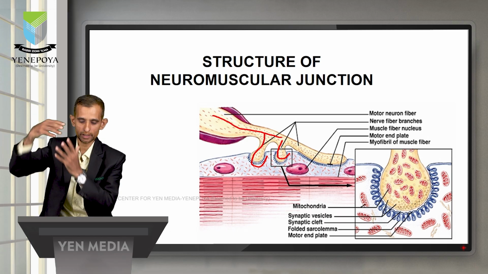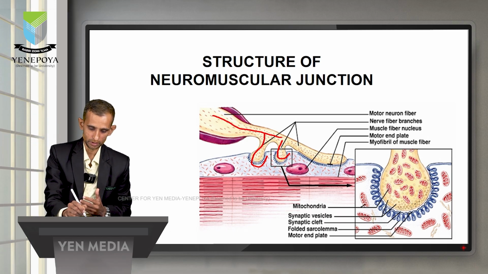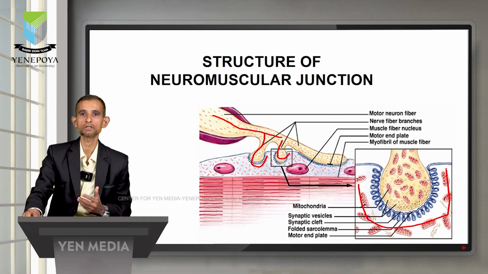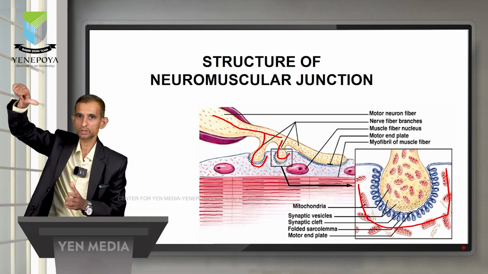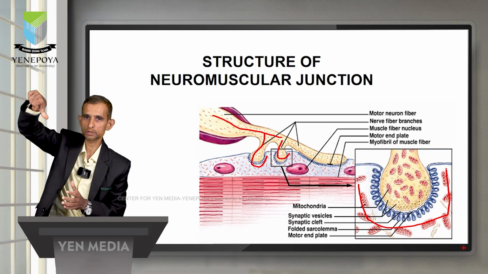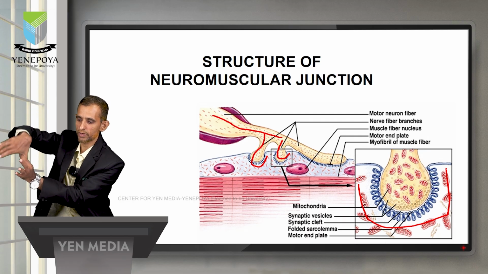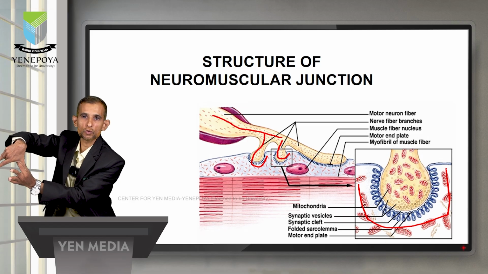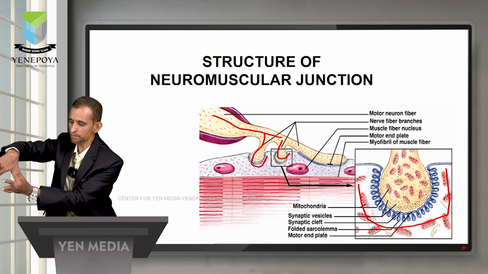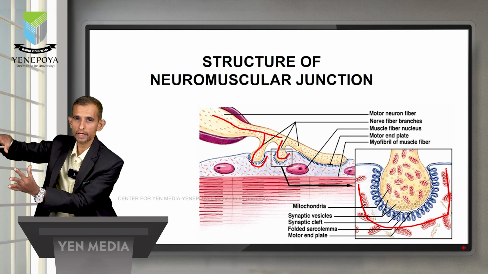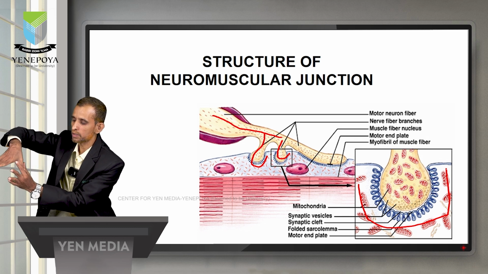You can see in this diagram the axon terminal, and these are the muscle fibers. So these are the structures of the neuromuscular junction.